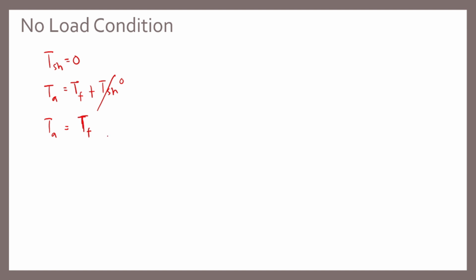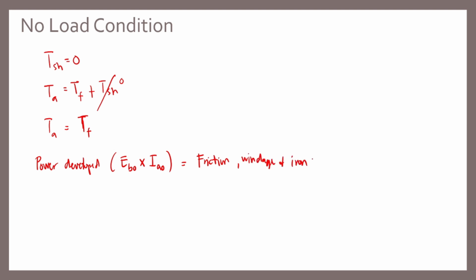These are the losses: windage, friction, stray losses. So therefore, at no load condition, the torque developed in the armature is just enough to equate to the losses. There is no useful torque because there is no load. So therefore, the power developed, E sub B times I sub A naught, where the O represents the no load condition, is just equal to friction, windage, and iron losses.